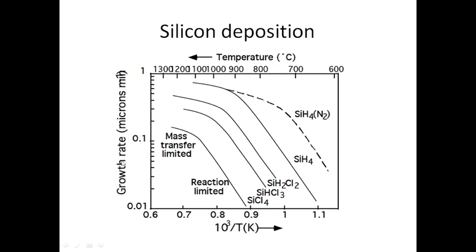You can see the growth rate is given on a logarithmic scale, and the temperature is also given. In this case, the growth rate depends on temperature. If the temperature is higher, the growth rate is better; that is, the deposition of thin film on the wafer gets better and better as the temperature increases.